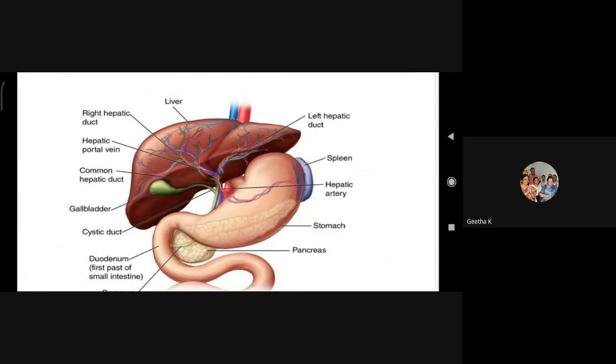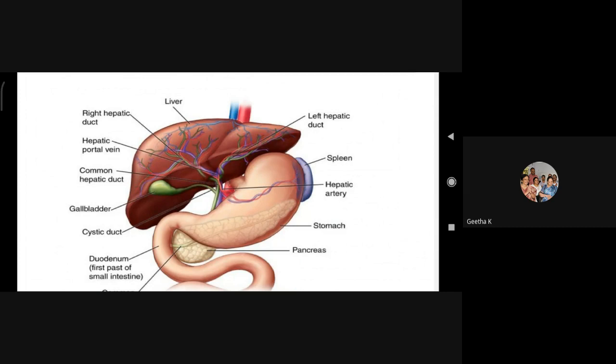Don't get confused, like the artery is supplying oxygen and this vein is collecting deoxygenated blood from liver. Not like that. This hepatic portal vein is giving nutrition to liver, right?